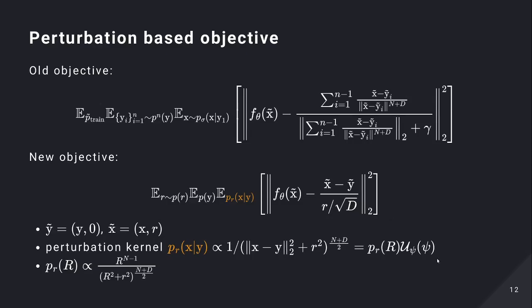And you can actually factor this out as just taking a uniform direction in the sphere. So all you need to do is sample the radius, and otherwise the direction in which you perturb is uniform. In the end, all you need is to get this term to be proportional to this term.